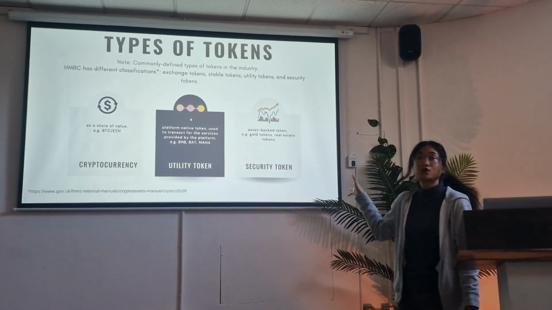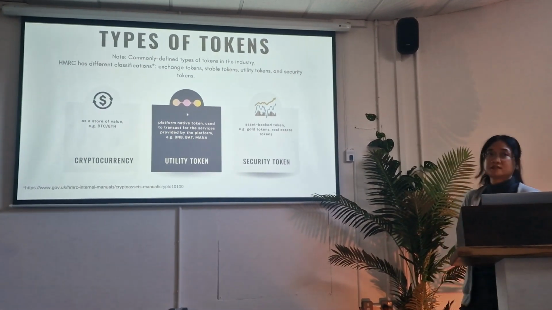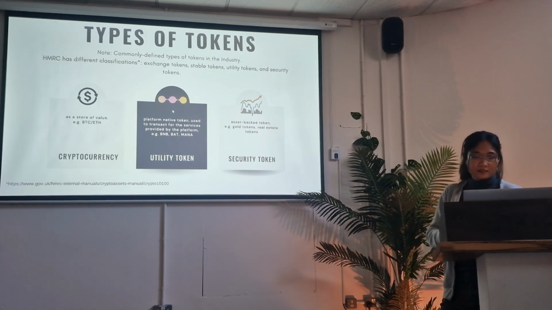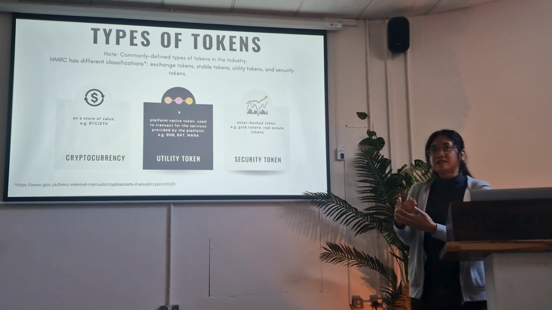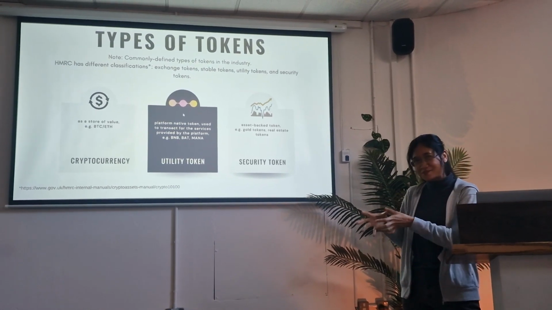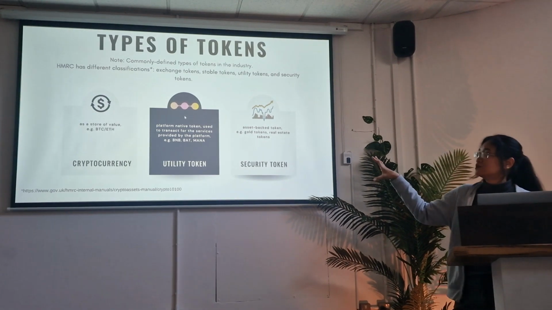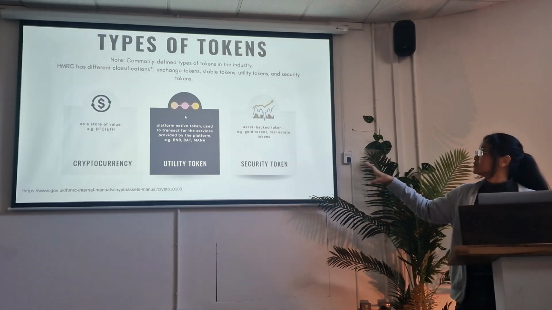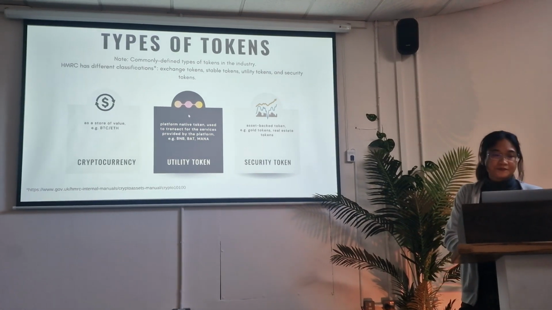And the security token, which is an asset-backed token, such as gold tokens and real estate tokens. There may also be a difference in terms between coins and tokens. Coins are more on the cryptocurrency side, while tokens can be utility or security tokens.